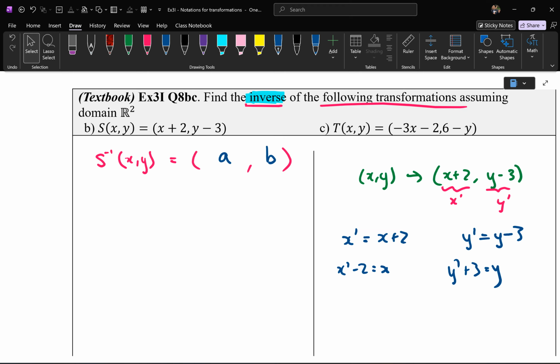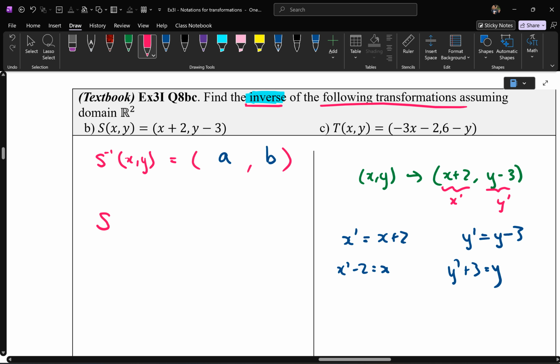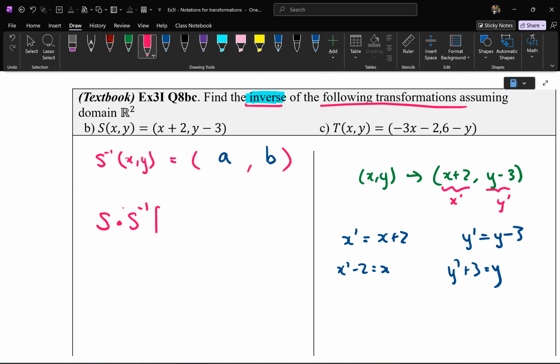No different. It just looks different, yeah? So here's the inverse. This is technically x dash, and that's y dash. I'm just calling it A and B. We already know that if you did S of the inverse for the transformation of the original (x, y) coordinate, that should give you the original.